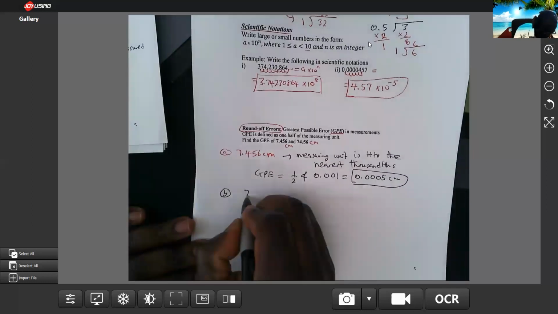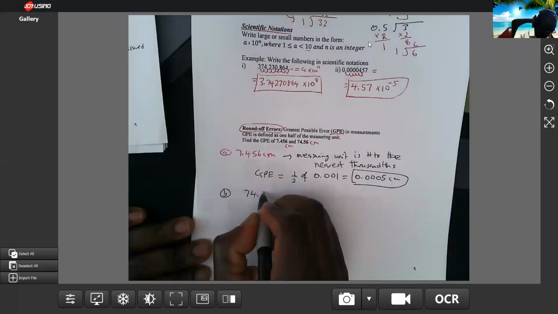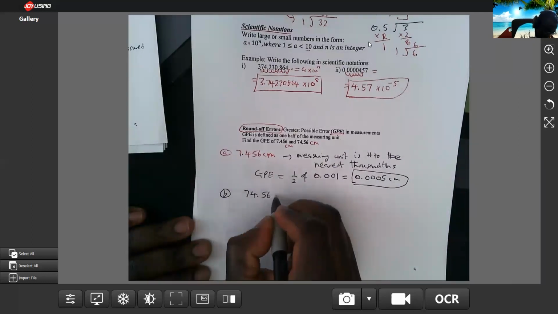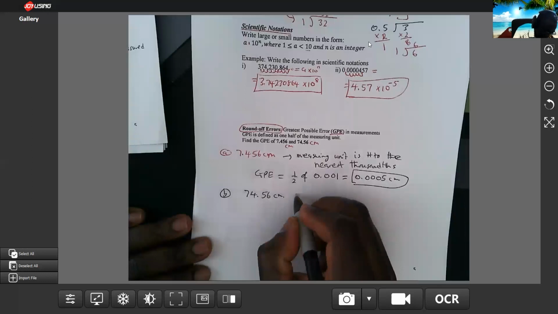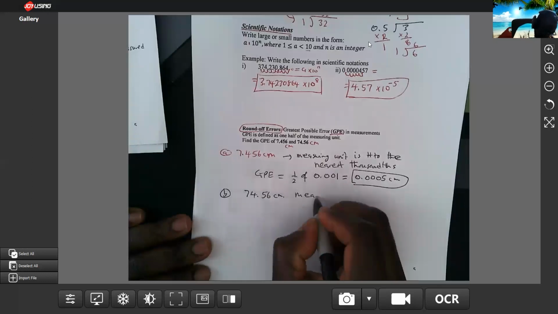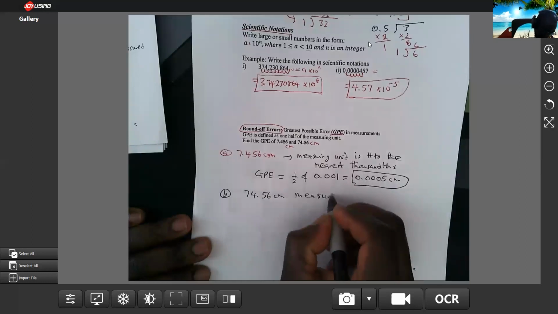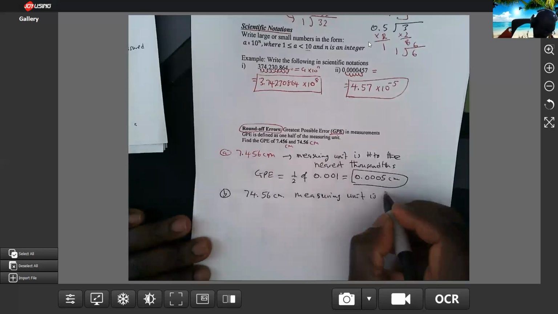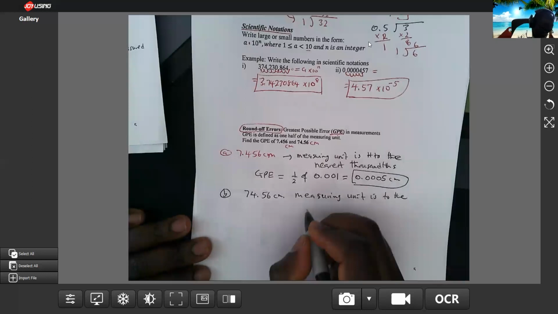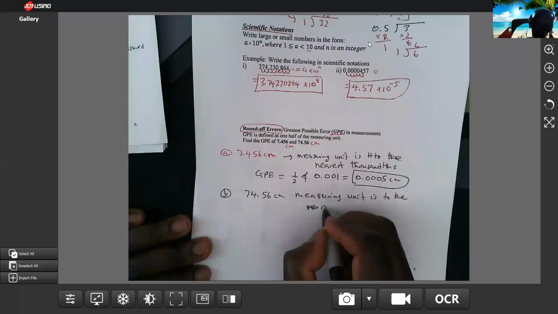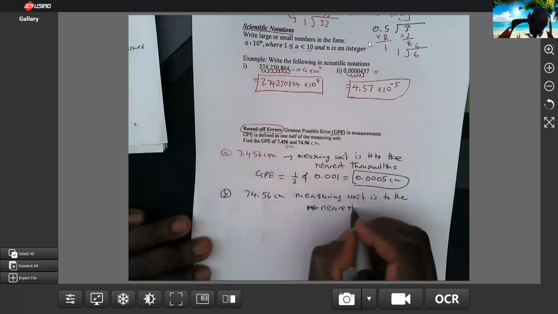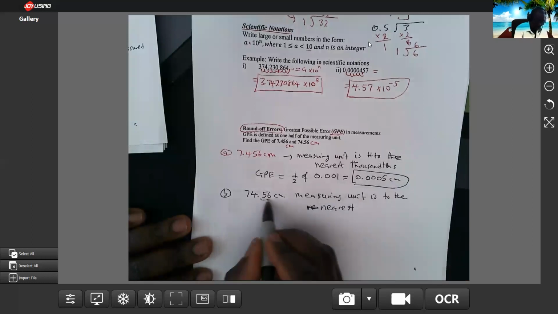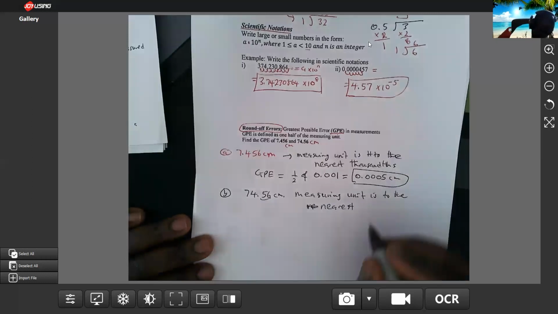And for part B, we have 74.56 centimeters. Okay, the measuring unit is to the nearest, if you look at it, the 2 decimal places, to the nearest hundredths.